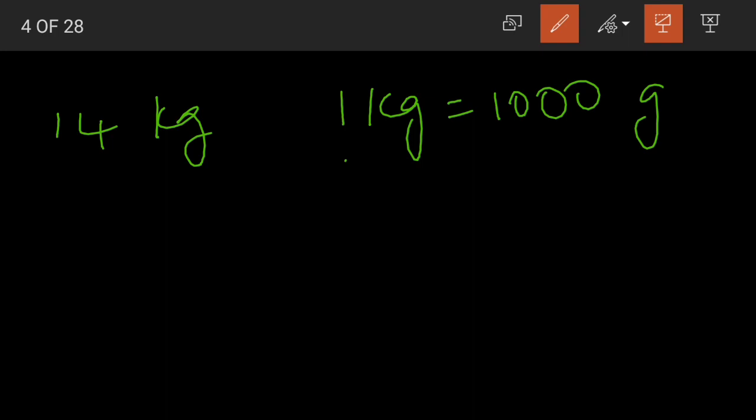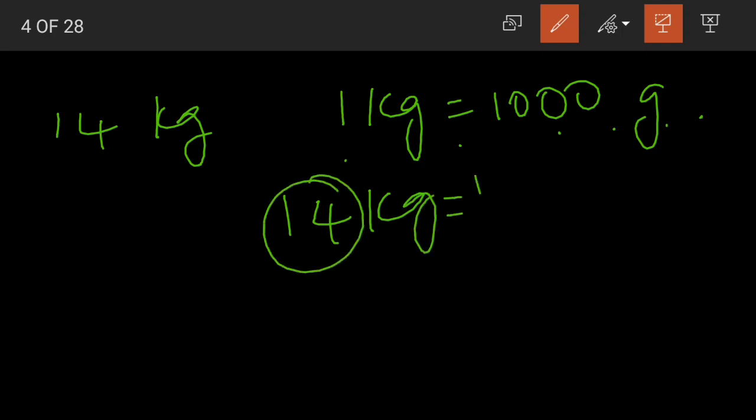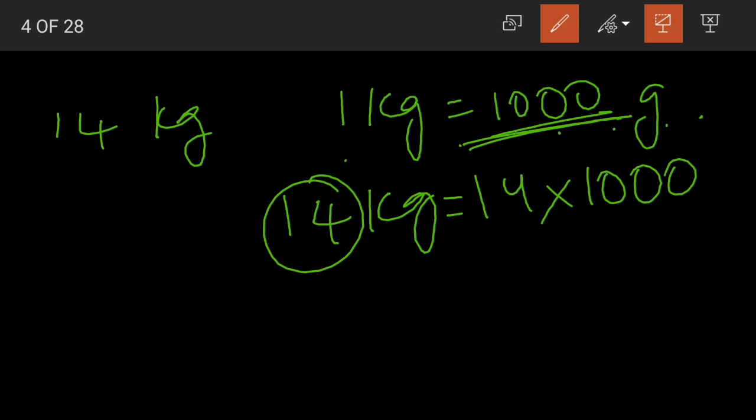Now when I say 14 kgs, what do we know? We know that 1 kg is equal to 1000 grams, right students? 1 kg is equal to 1000 grams. Now what will 14 kilos become? 14 into, what is 1 kilogram equal to? 1000 grams. So 14 into 1000 grams.